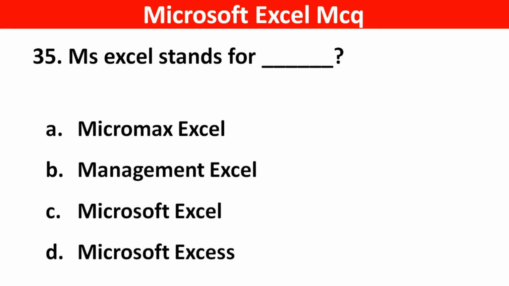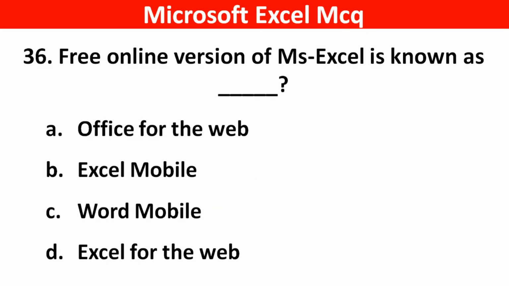Next question, MS Excel stands for dash dash. Right answer is option C, Microsoft Excel. Next question, the free online version of MS Excel is known as dash dash. Right answer is option D, Excel for the web.